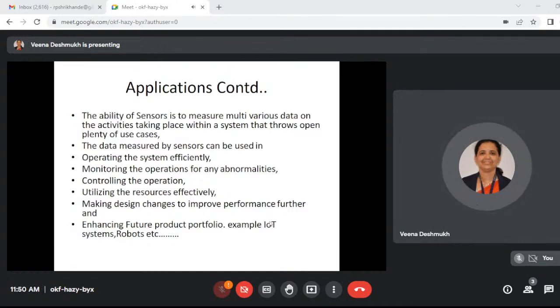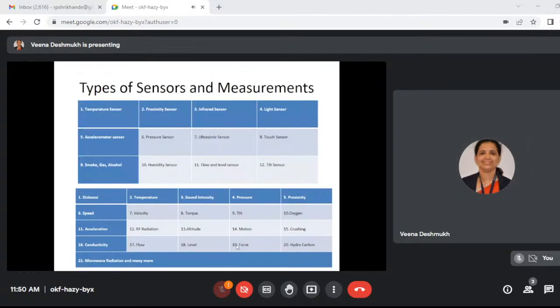And in recent days, the sensors are utilized in, for example, IoT, almost all the cars, and robots. So these are the various applications where the sensors are utilized. Now, a variety of sensors are available for measuring temperature, or proximity, infrared, light sensors.